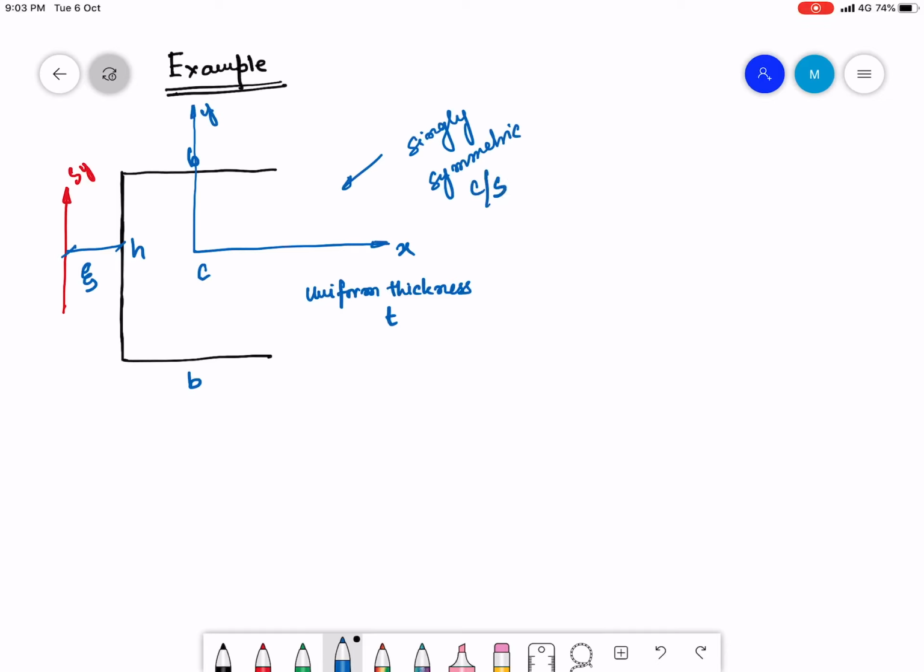Okay, so it is symmetric about the x-axis. Therefore the shear center is going to lie on the x-axis.